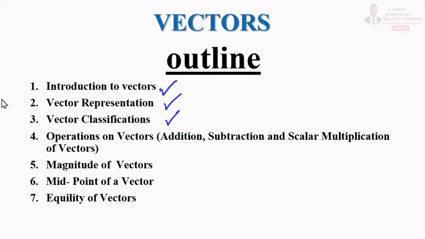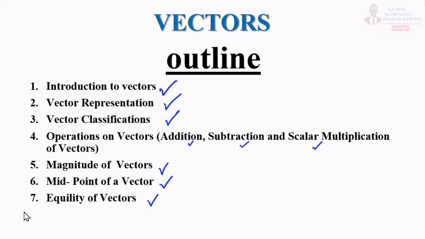We shall also talk about the operations on vectors, whereby we shall talk about addition of vectors, subtraction, and then scalar multiplication of vectors. Number 5, the magnitude of vectors. Number 6, the midpoint of a vector. Then lastly, we shall talk about the equality of vectors, or somebody can say equal vectors.